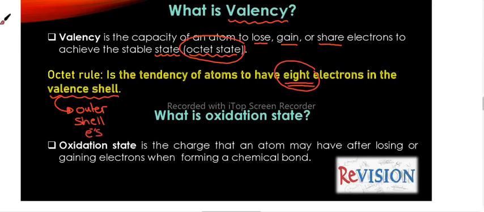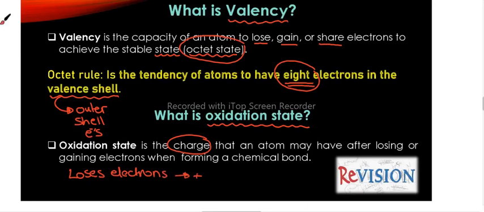I have another important definition that we need to go through, which is the oxidation state. When talking about the oxidation state, it's actually the charge that an atom can have after losing or gaining electrons when forming a chemical bond. Here we need to remember that whenever an atom loses electrons, the charge that will appear will be a positive charge.